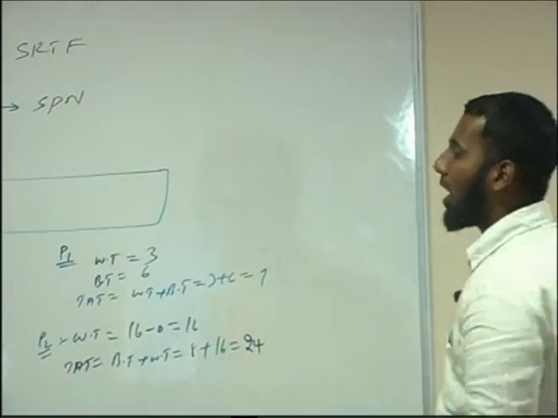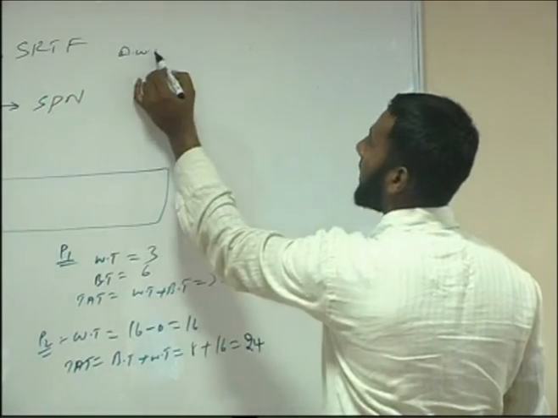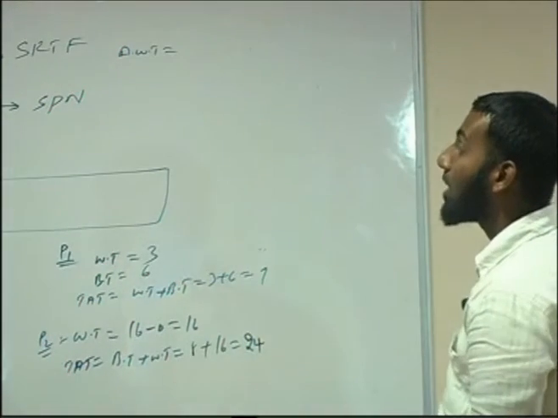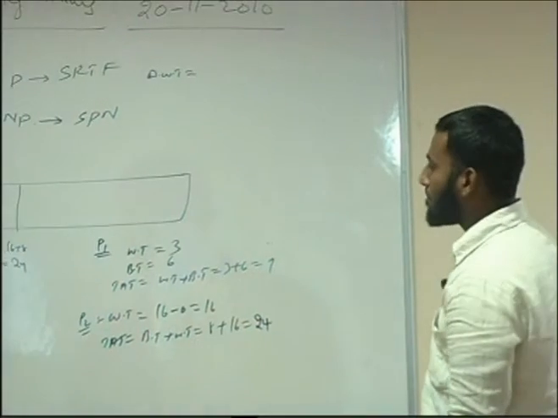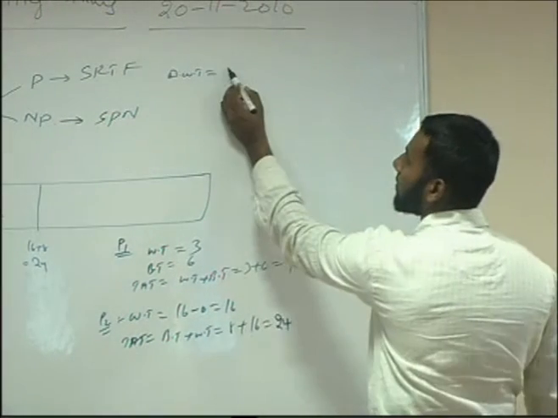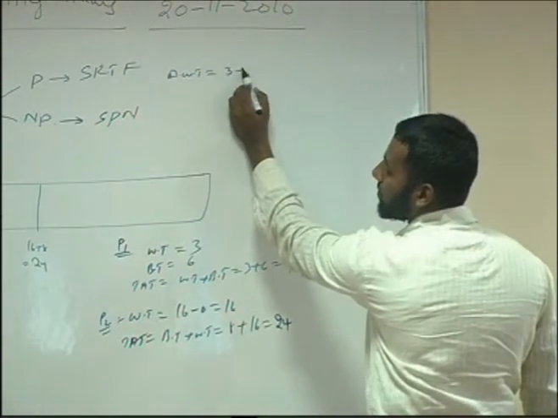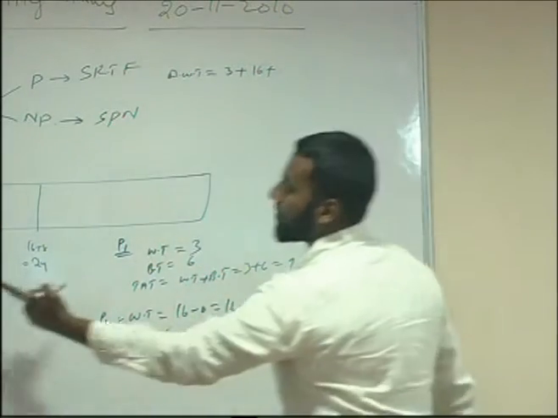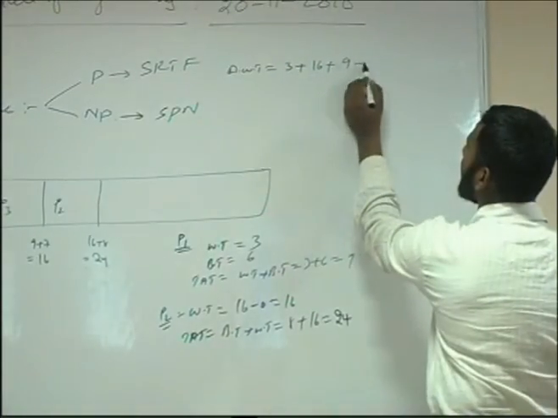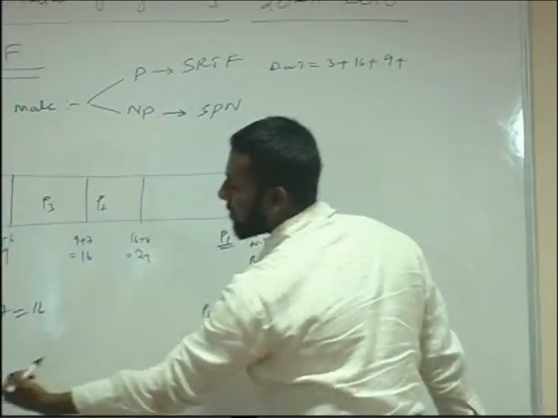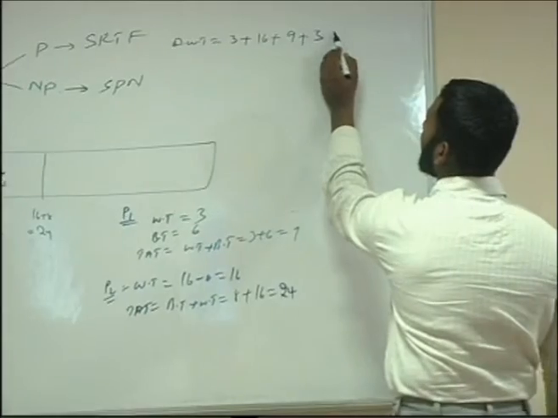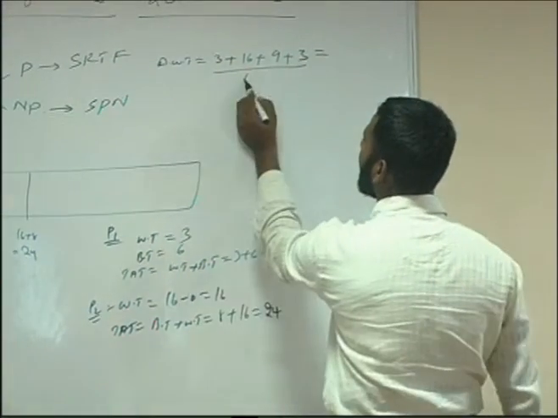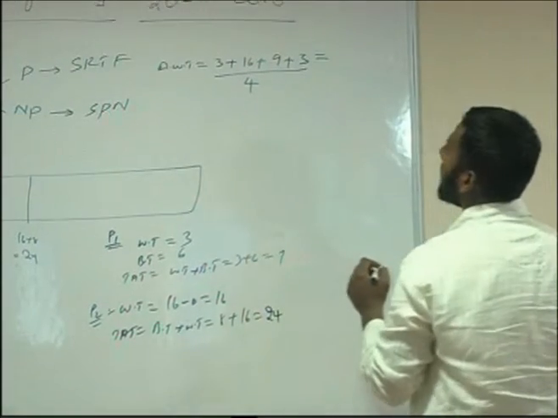Now let's find the average waiting time for this process in SJF non-preemption, SPN. The waiting time for process P1 is 3, process P2 is 16, process P3 is 9, and process P4 is 3. Divided by the total number of processes, which is 4, this gives the average waiting time.